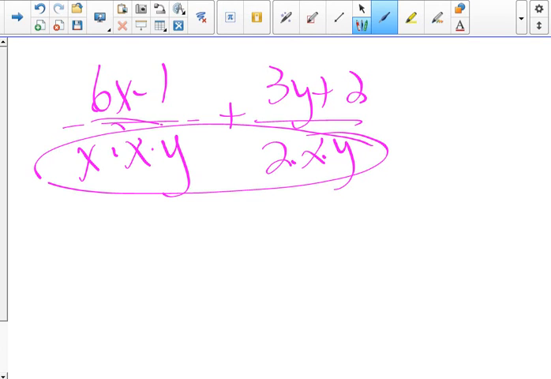Well, they've got an x common, they've got a y common. What's left over? 2x, right? I'm looking at how I did this last year.